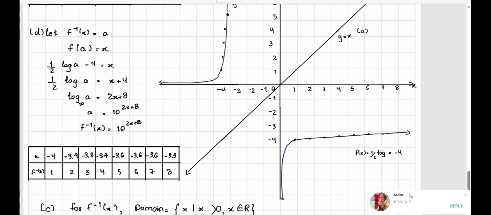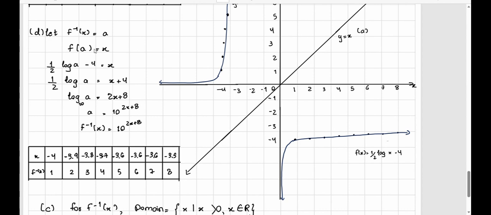So we have to change it from the logarithmic form to exponential form: a equal to 10 to the power 2x plus 8.